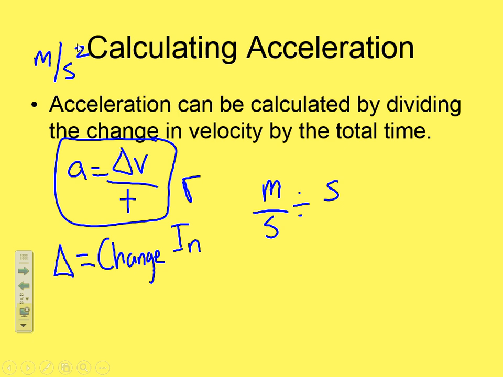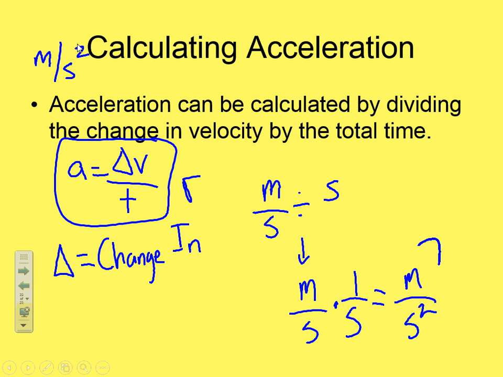Now, remember when you divide fractions, you can multiply by the reciprocal. So meters over seconds divided by seconds is the same thing as meters over seconds times 1 over seconds. And when you do that, you get meters over seconds squared. So those are the units for acceleration. Meters per second squared typically. Sometimes it's kilometers per hour squared, but that gives you an idea of what the units of acceleration are.